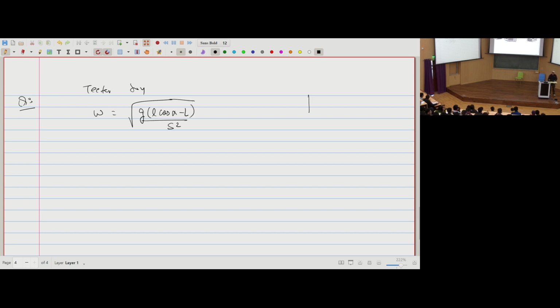in this case, the variable S is coming from geometry. S is the distance from one mass to the pivot.